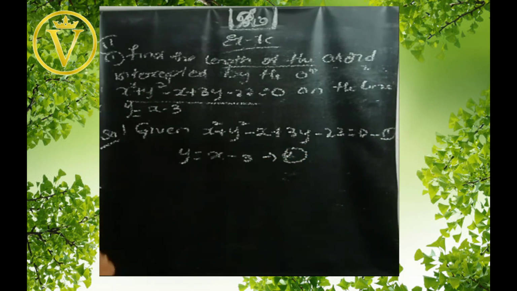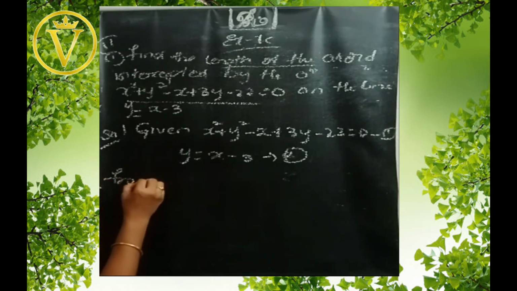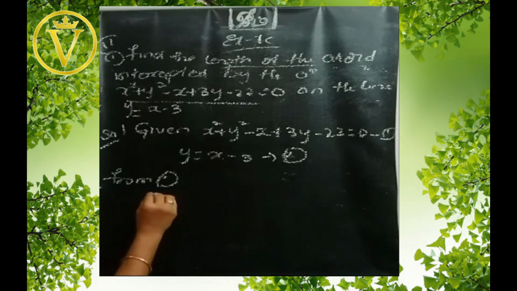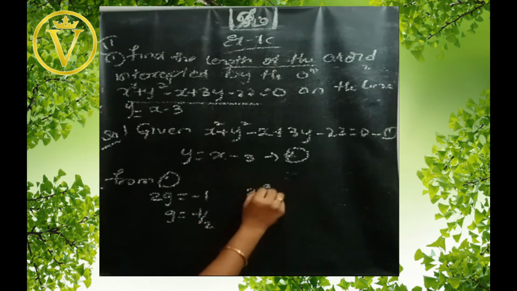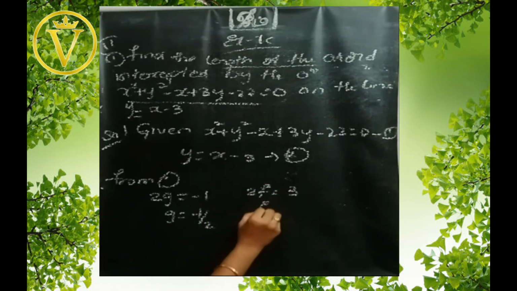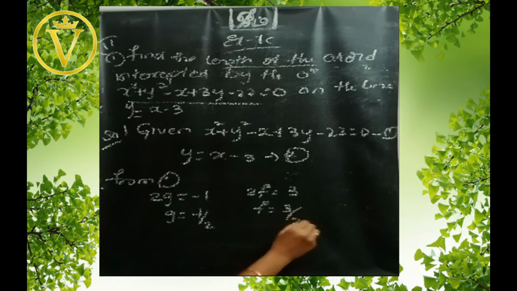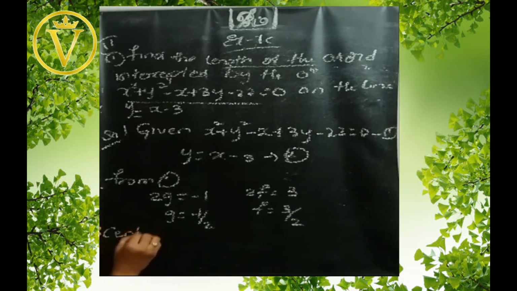From the first equation we have to find the center. 2g equals minus 1, so g equals minus 1 by 2. 2f equals 3, so f equals 3 by 2.